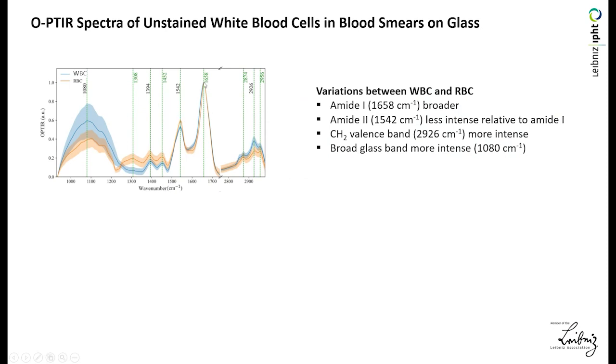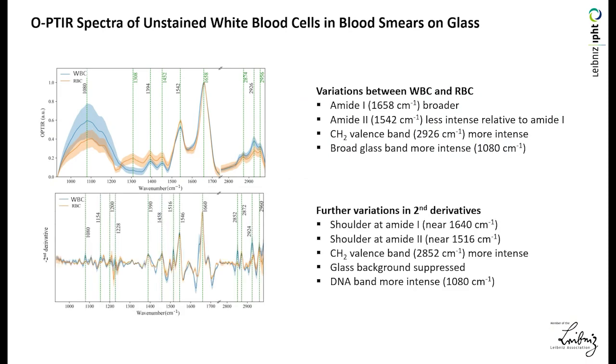The spectra were normalized here to the amide 1 band, and then the red blood cell has a more intense amide 2 vibration, and the CH2 vibrations in the high wave number range are more intense for white blood cells. Here in the low wave number range, there are spectral contributions from glass that are quite broad, and the shaded areas are the standard deviation.